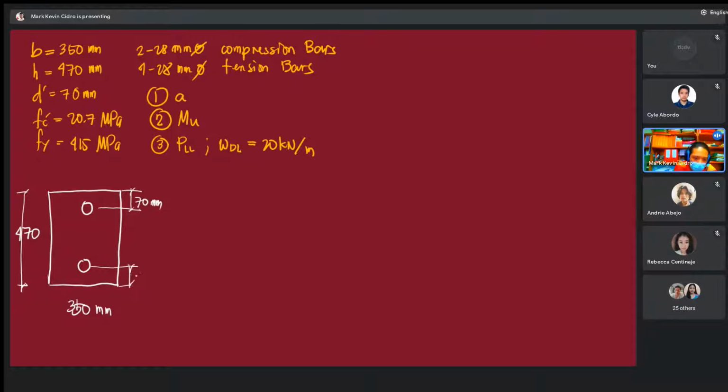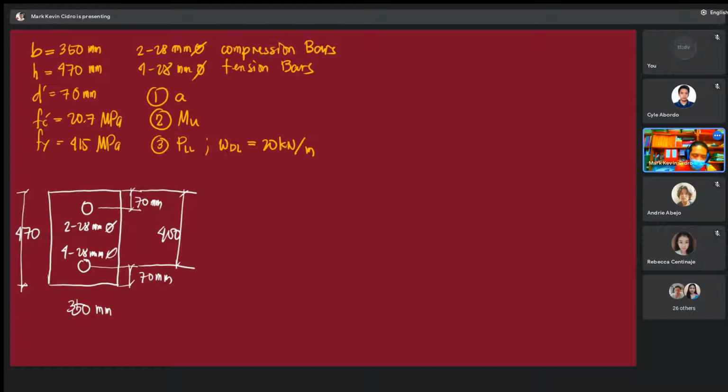This is 70 mm, and this is also 70 mm. The distance from the extreme fiber to the tension steel is d, which is 470 minus 70, so 400 obviously. This is 400. Here we have two 28 mm diameter bars and four 28 mm diameter bars.